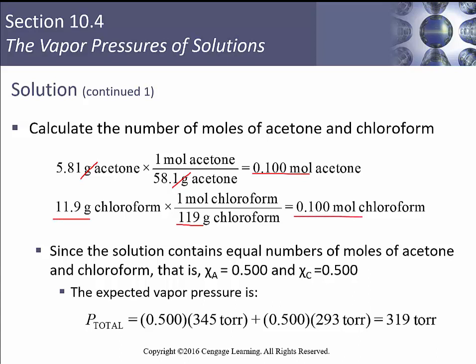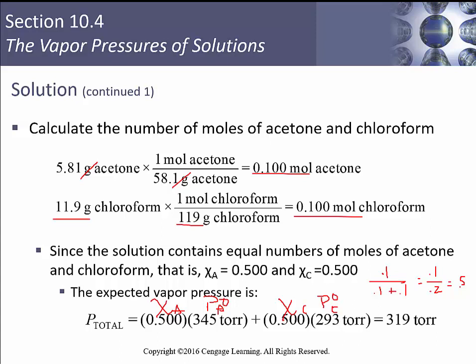Since the solution contains an equal number of moles of acetone and chloroform, chi for A is going to be 0.5, and chi for the chloroform is going to be 0.5. So if you wanted to work that out, right, it's 0.1 over 0.1 plus 0.1. Right, 1/2. The expected vapor pressure is then going to be chi A times the vapor pressure of pure acetone, and chi for the chloroform times the vapor pressure for the pure chloroform.